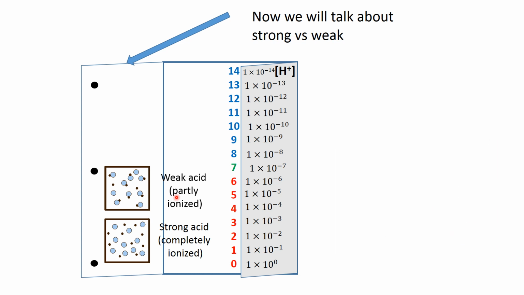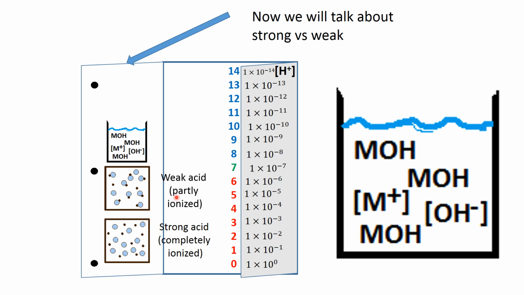Now let's move up to a base. In this case, I've gone back to the MOH representation of a base, a metal hydroxide, like sodium hydroxide. Now this one here is not sodium hydroxide. This is a weak base. I've got 4 base particles here in this little beaker, and 3 of them have not ionized. 3 of them are still together.